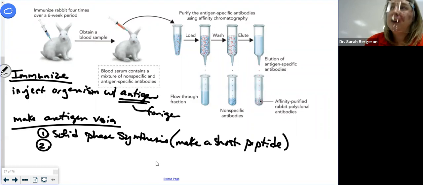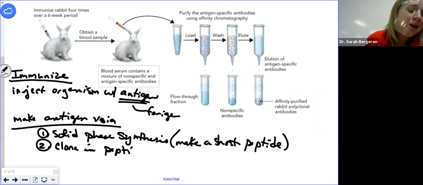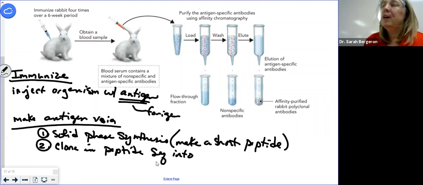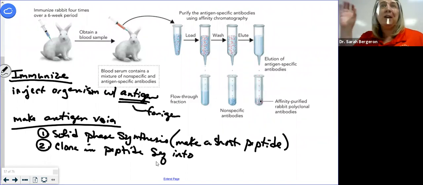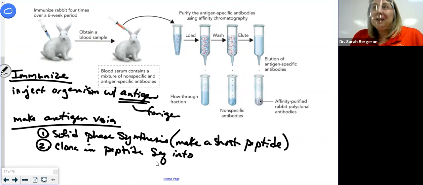The other thing that I can do, we talked about a couple of chapters ago, is clone my polypeptide sequence, my peptide sequence, into an expression system. So remember we talked about a plasmid and you put in your sequence of interest and you could have a bacteria express it. We used the example of insulin, but does it have to be insulin? No, you can put anything you want in there.